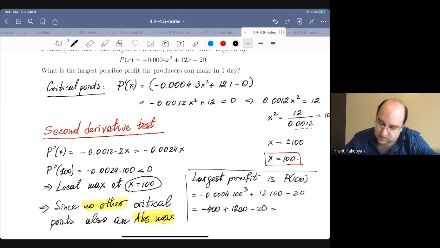In this case, it's going to be 780. So that's your absolute maximum.